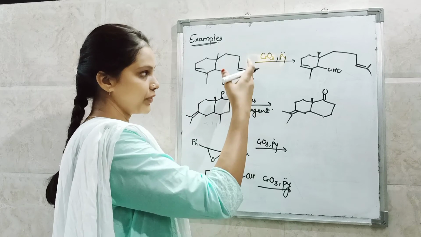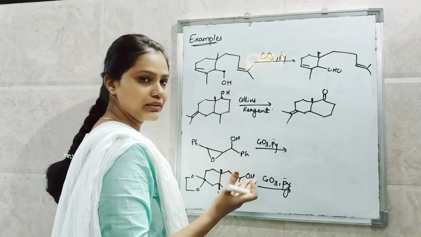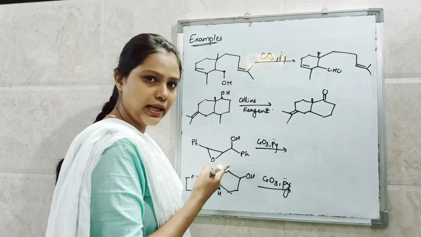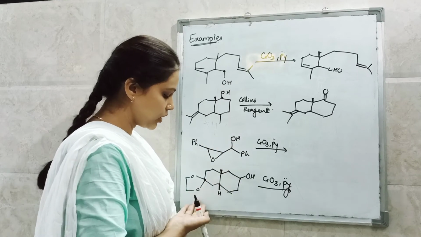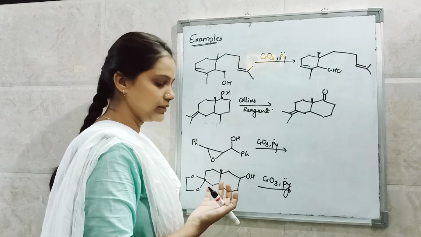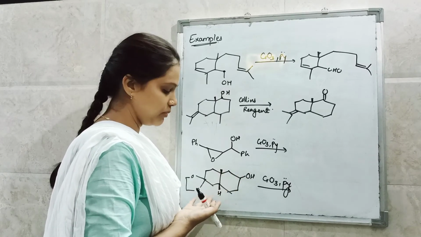See here, in this example, there are acid sensitive groups. The epoxide is acid sensitive; in the presence of acid, ring opening will take place. Here also there is acetal formation, and acetal can be demasked by using acid.